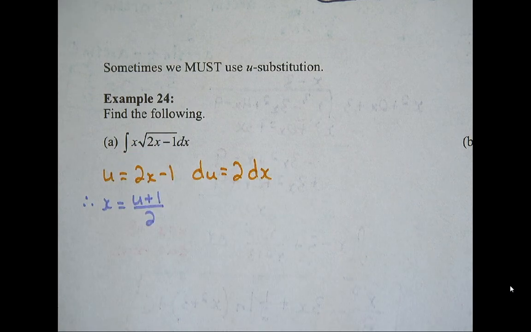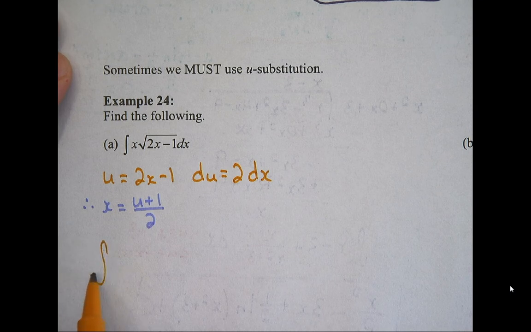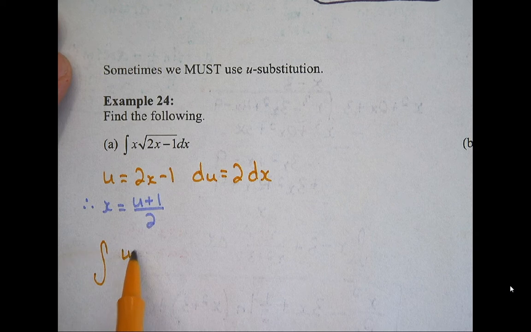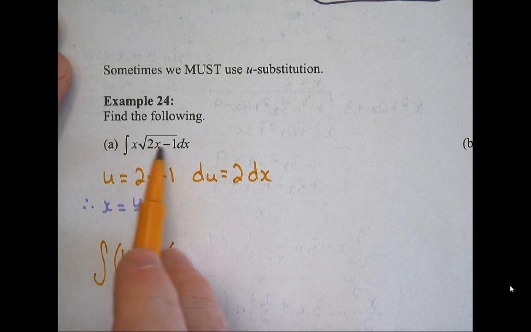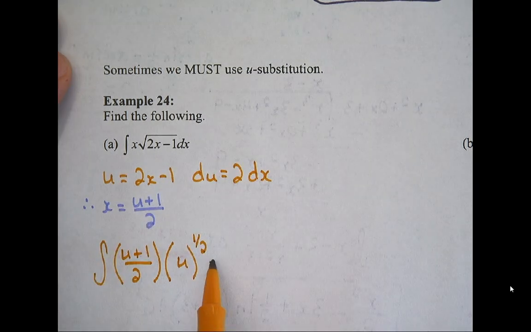So let's go back to our function now and put all those pieces together. So I have the integral of x. Well, x now is u plus 1 over 2 times, what is this? We said 2x minus 1 was u, so the square root is u to the 1/2.